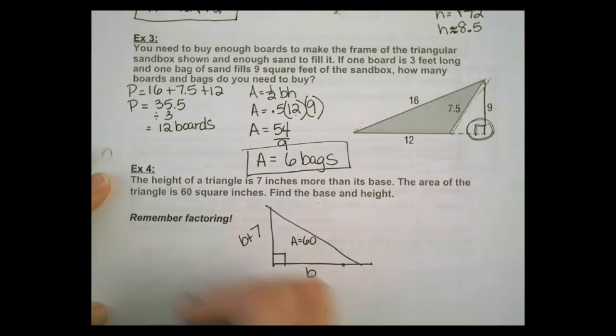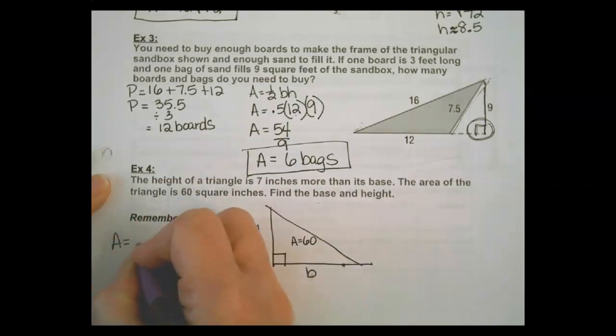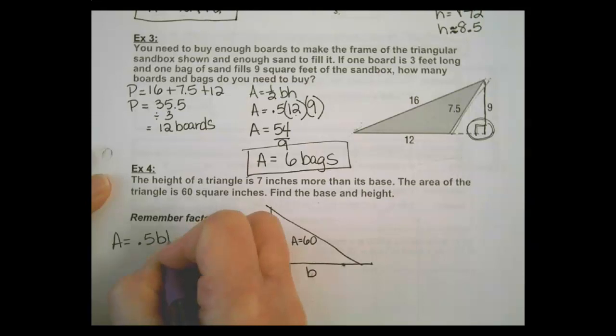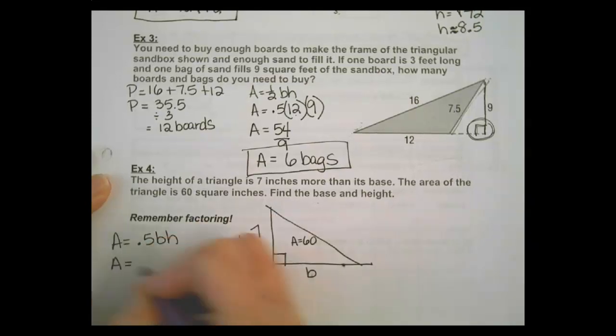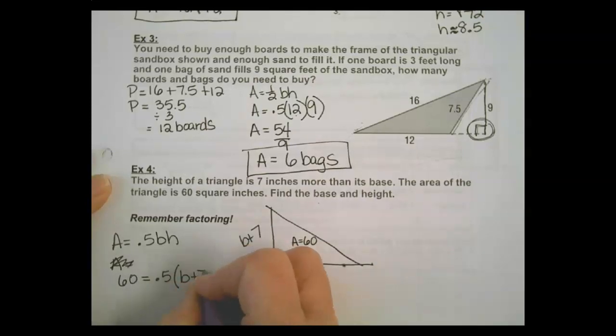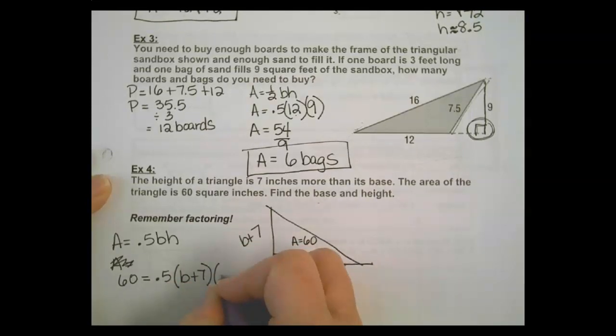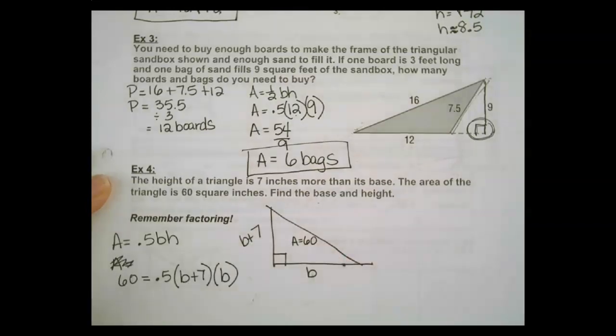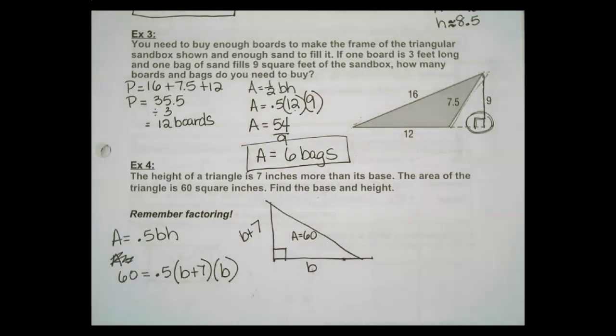So we know the area. So A equals 1/2 base times height. We already know the A. The A is 60. 60 equals 1/2 B plus 7 times B. Gosh, this is going to get fun.